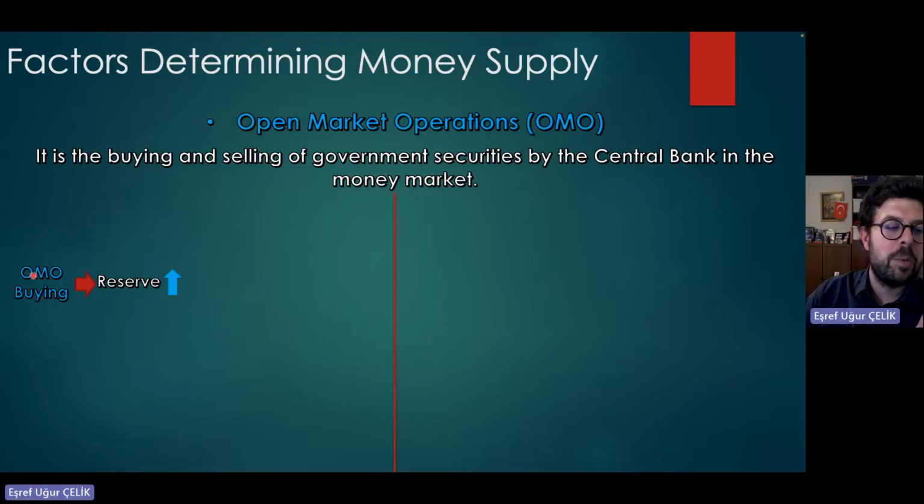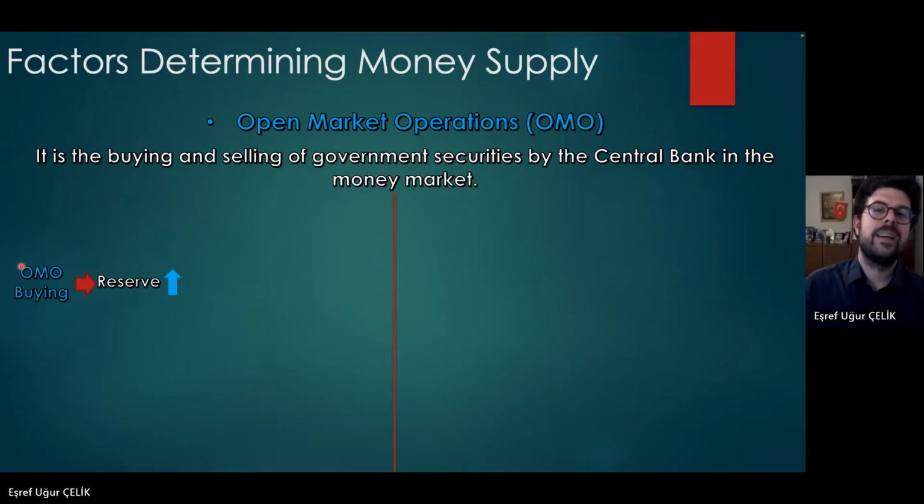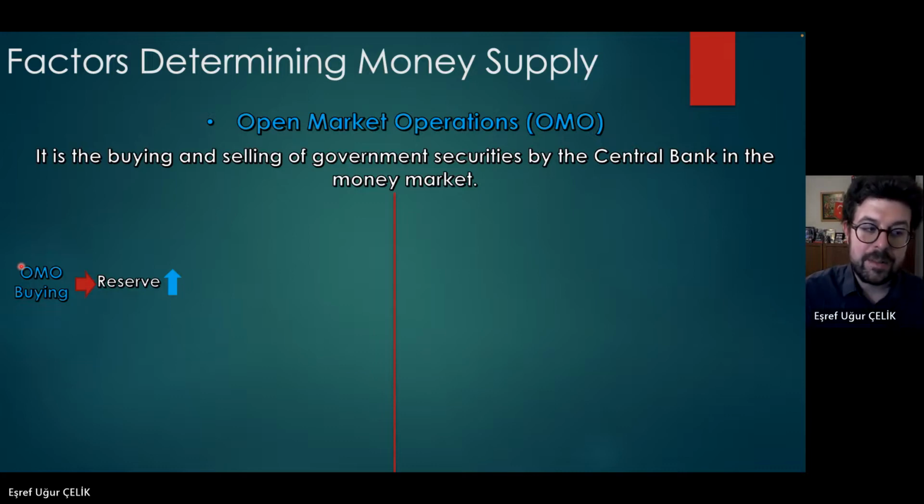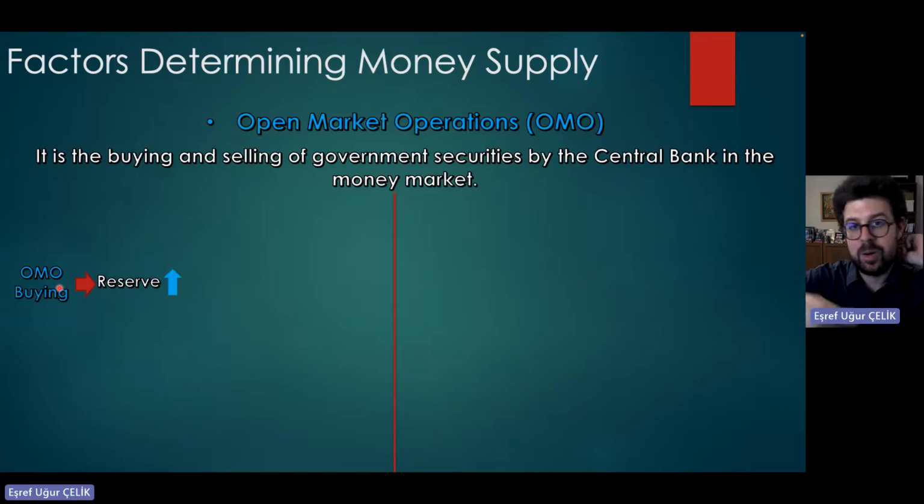Open market operation buying is not my buying. Sorry about that. It means the central bank is buying, they collect those securities, okay? When they collect government securities or government bonds, they give money to us, or not only me, also the banks or other actors.